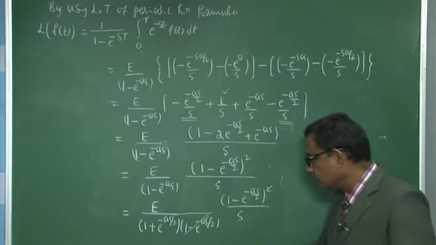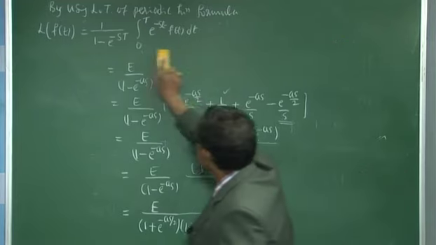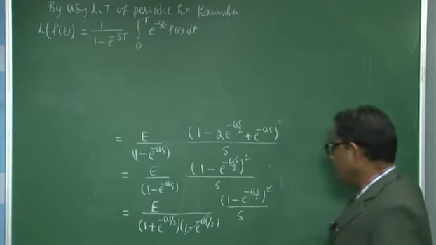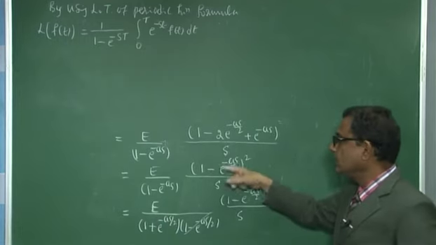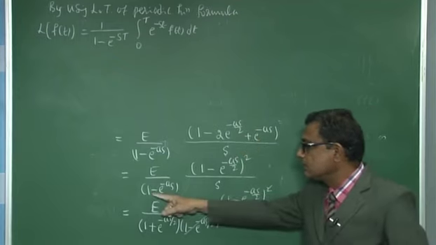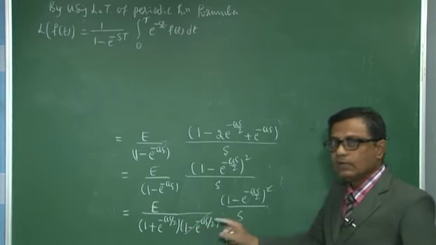Now still further you have to simplify. Still further you have to simplify. Now you have used the a minus b whole square formula. Here a square minus b square, a plus b into a minus b.